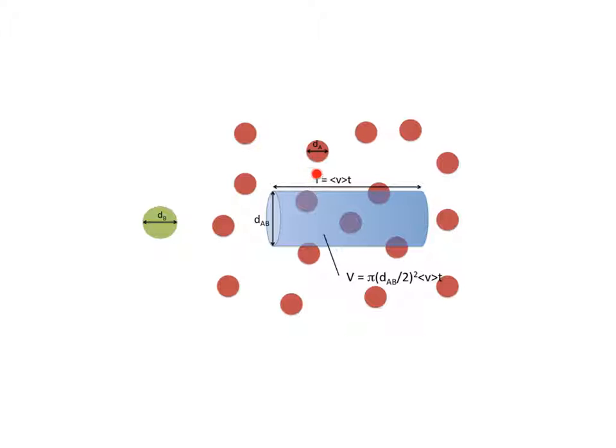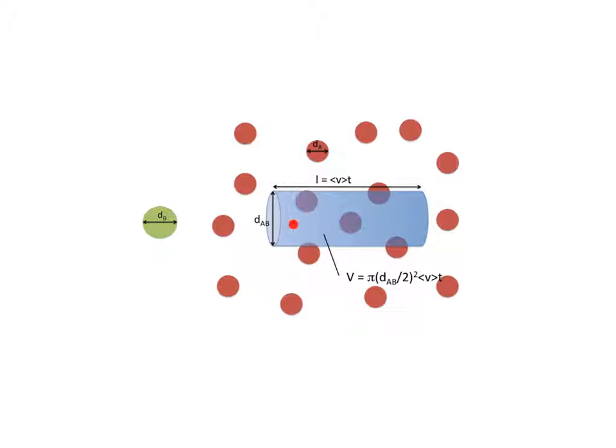So I'm going to make the length of the cylinder L equal to the distance the B molecule travels in 1 second. So notice that if ⟨V⟩, in these funny brackets here, so that's going to be the average velocity, if V, the average velocity of this B molecule, has units of length per second, so distance traveled per second, and if I multiply that velocity times 1 second, I will get the distance that this molecule travels in 1 second.